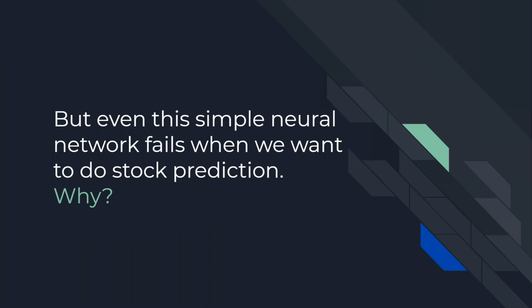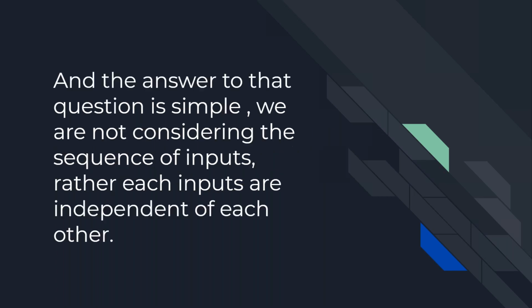But even this neural network is not capable enough to do stock prediction. If I ask you why, it's the same answer, the same problem which we have between a moving average and the linear regression model. In the simple deep neural network, we are giving inputs, and each input is an independent entity.